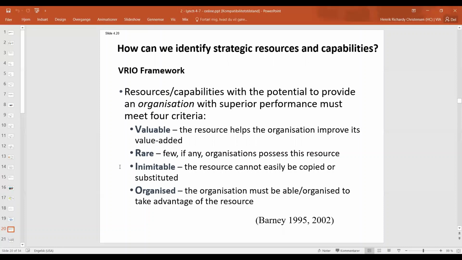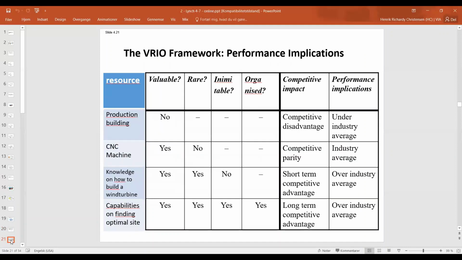And I'll try to make a little example here because I think that makes it easier to understand. Now imagine that we have a production building, that could be a plant again, for a specific company. And in this case, I have taken Vestas, I talked about Vestas before, producing wind turbines. They have lots of production buildings and plants. Are those valuable? They might be, but it's not specifically valuable.